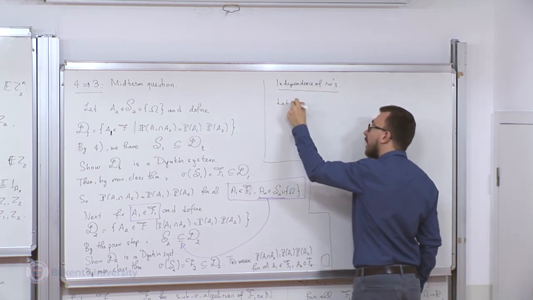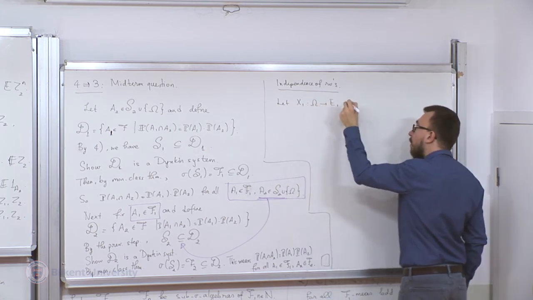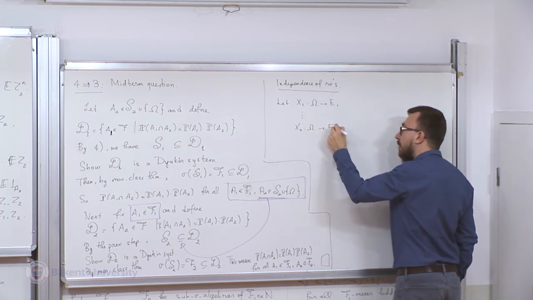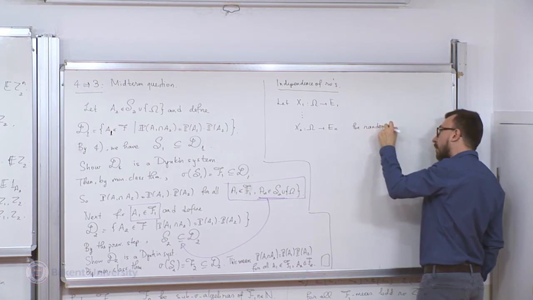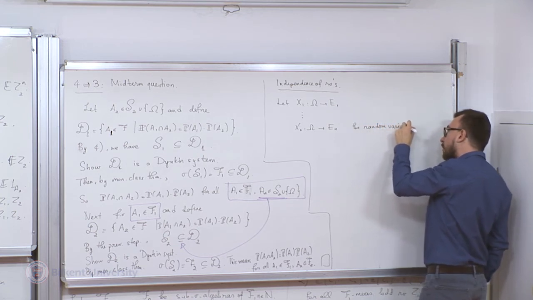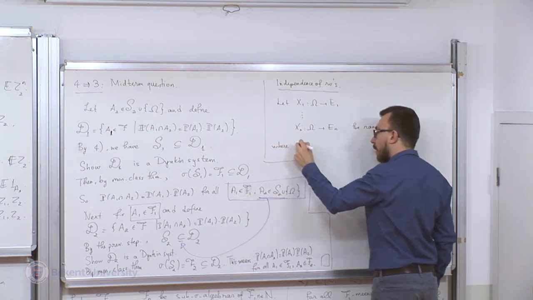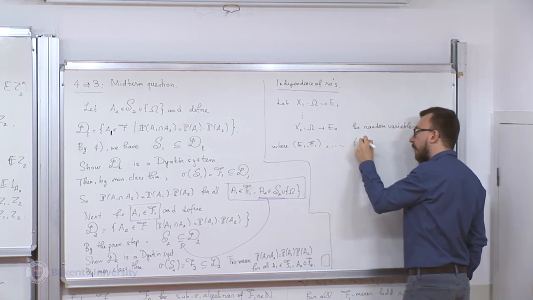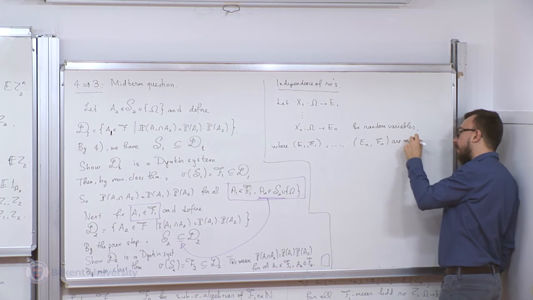So let X1, ..., Xn be random variables taking values in E1, script E1, ..., En, script En, which are measurable spaces.